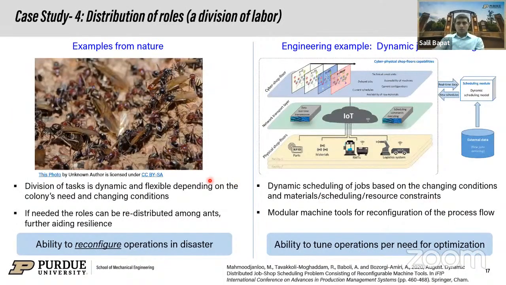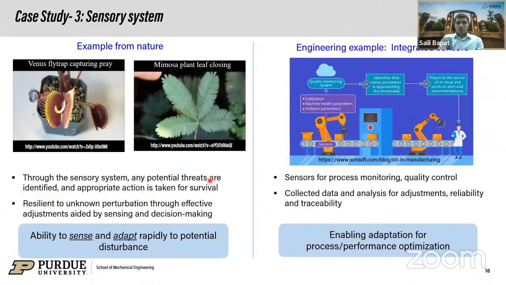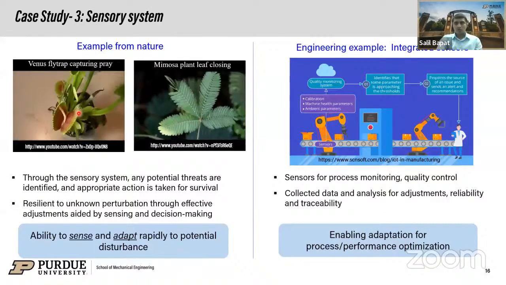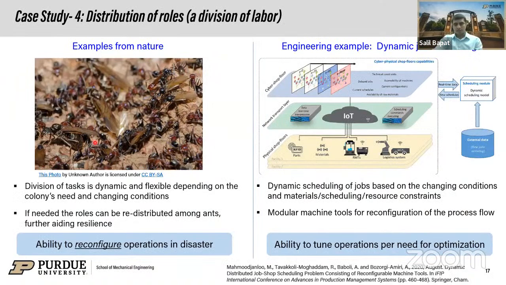Fourth example. If you notice, my previous examples were at a component level. Now I'm going to a process level, and now I'm going to a system level. So a colony of ants is resilient because the roles of ants are dynamic. Say, for example, ants are getting sugar from some source, and they are carrying the sugar to their nesting site.